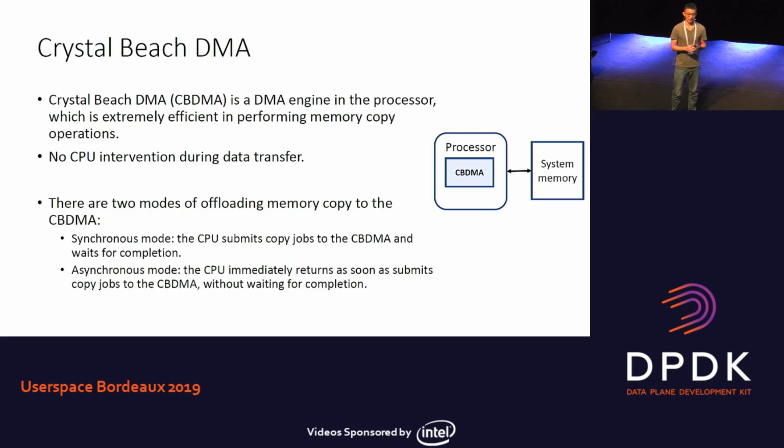In the Enqueue operations, we have several ring operations and memory copy, and then some updates of the indexes and that kind of stuff. The idea is very simple. If we want to accelerate this memory copy part using CBDMA, there are two ways to do that. One way is the synchronous mode, which means we let the CBDMA do the memory copy, and the CPU waits until it's complete.